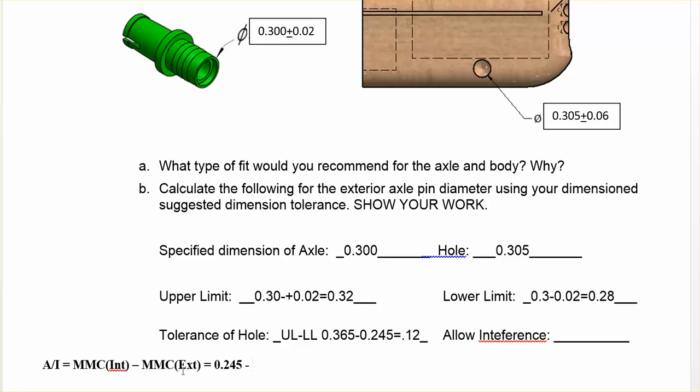Now the maximum material of the exterior, because we've been measuring from outside to outside here. We've been measuring the exterior part of the axle. And to do that then would be the upper limit of the axle, which we did right here. That was 0.32.